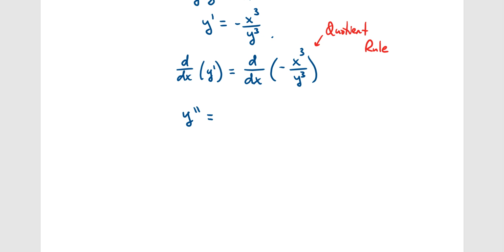It's going to be low d high minus high d low. The derivative of y cubed is 3y squared times y prime, all divided by low squared. Y cubed squared is y to the 6th. Multiply those exponents.